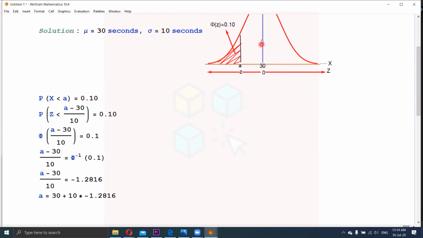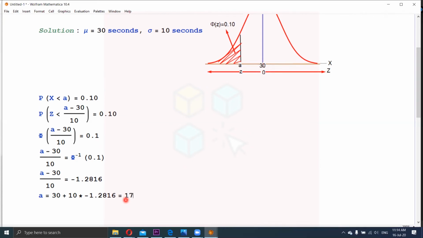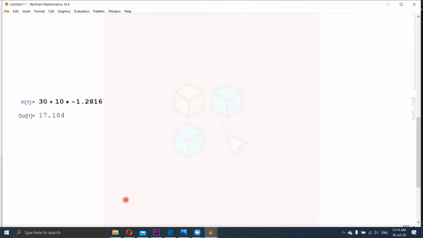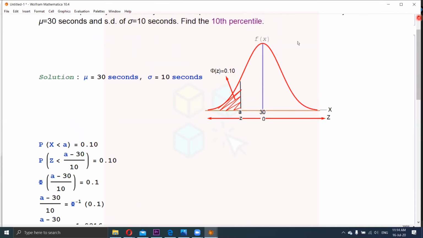As 30 is in the middle of the curve and A is below this 30, its answer would be 17.184. Similarly, we can get the 90th percentile, and the 90th percentile would be on the right tail.